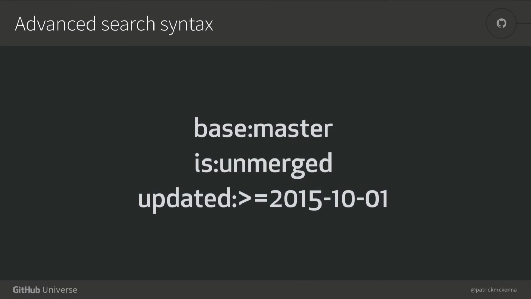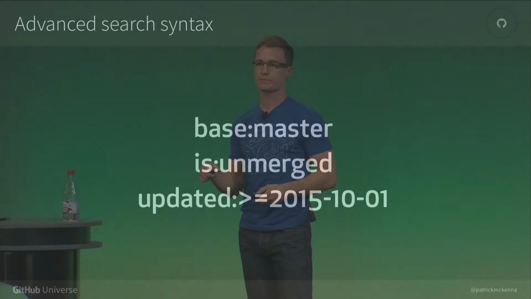Another example search here that you might want to do when you're looking through pull requests, looking for that particular file. All right, I want to find everything that is going to be merged into master, but hasn't been merged yet, and has been updated since yesterday. The page that you actually get linked to from that drop-down menu for View Advanced Search will tell you about all the different formats you can use for that date.